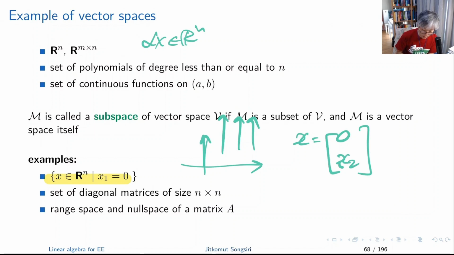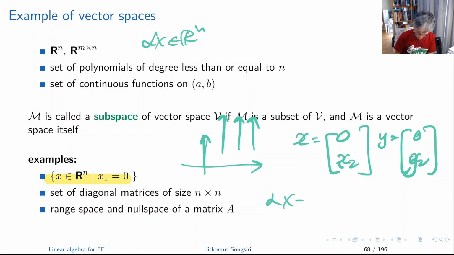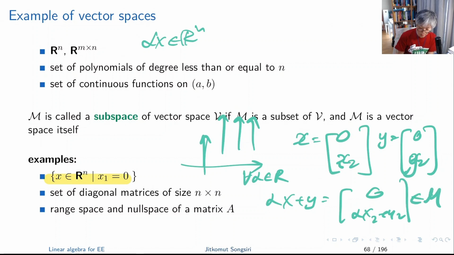This set is a subspace, because if you have vectors x and y that belong to this set, and you make a linear combination for any alpha in R, you will see that the first component is still 0. All right, which means this is still in your set M, and that shows the closeness property. So this set is a subspace.